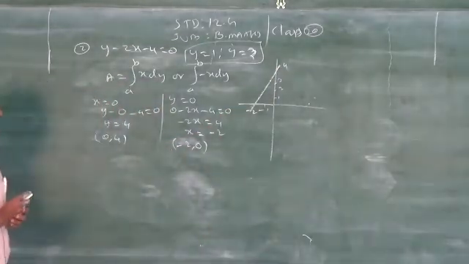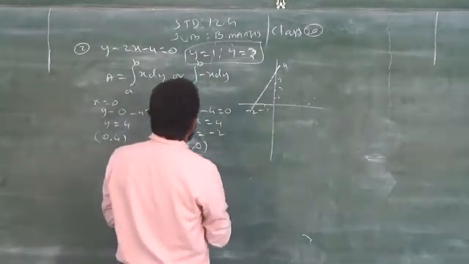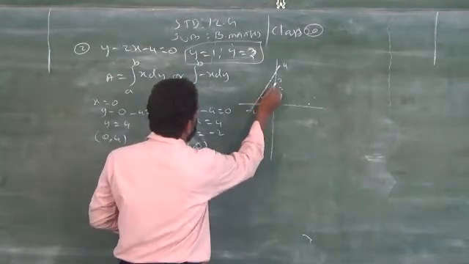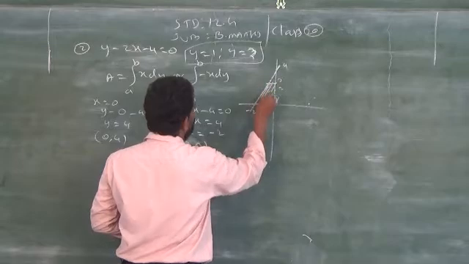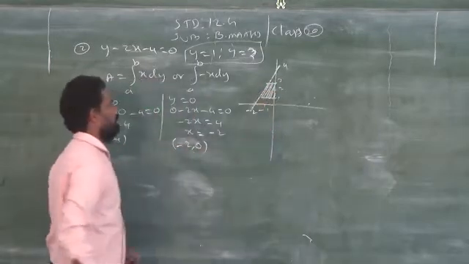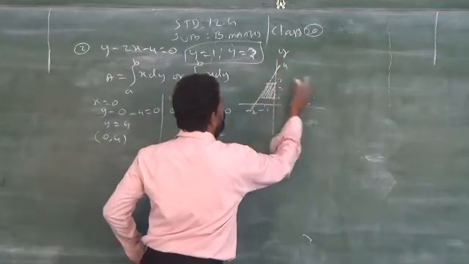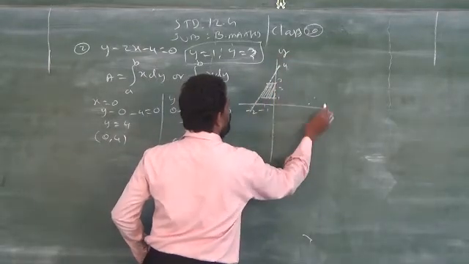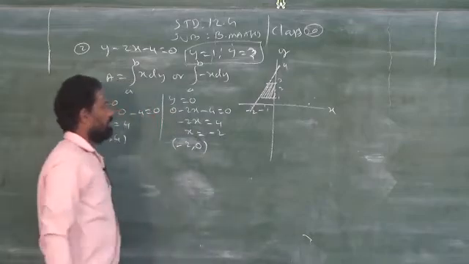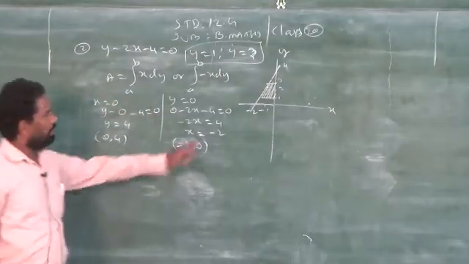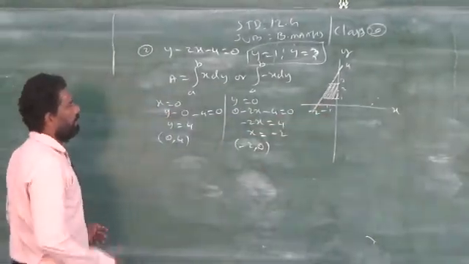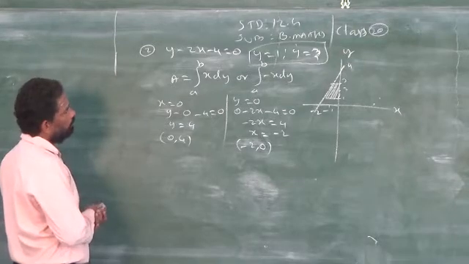Once I draw the diagram, I have to see the limit y is equal to 1, y is equal to 3. So I have to find out which area? This area. Now you tell me whether it falls on the right side or the left side of the y axis? Left side.